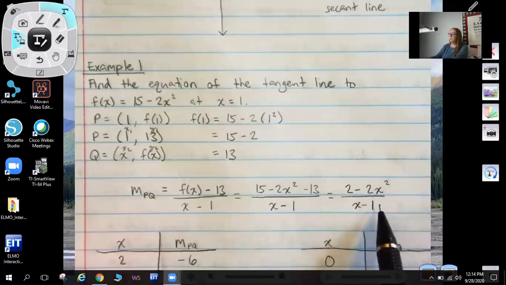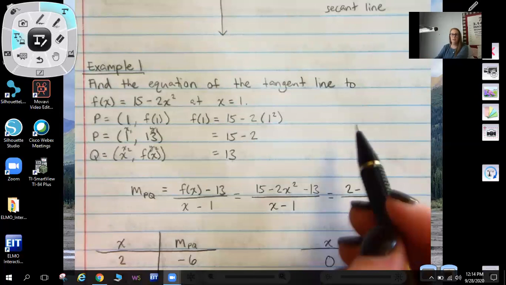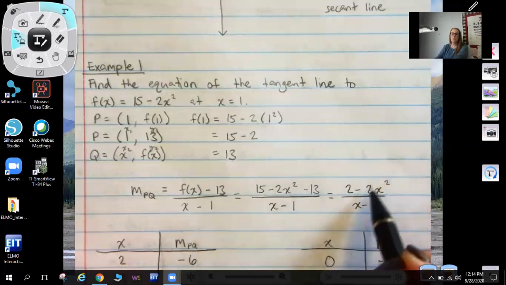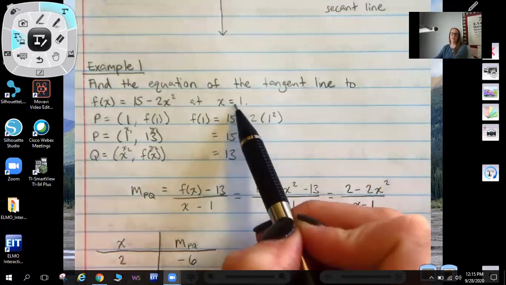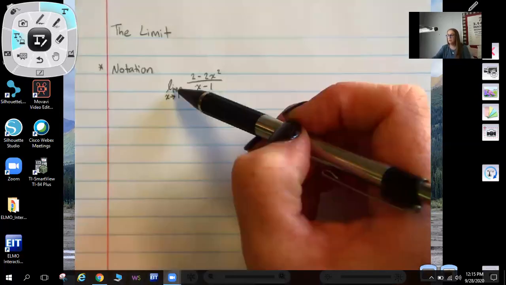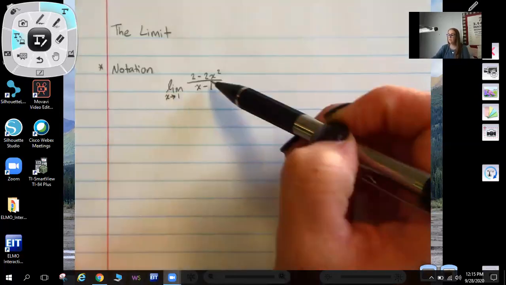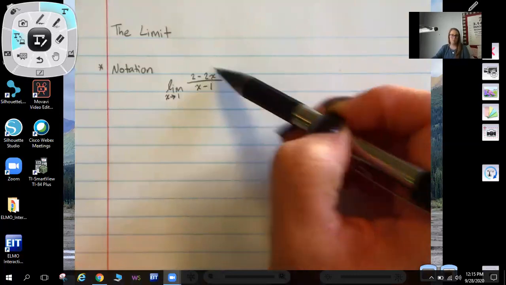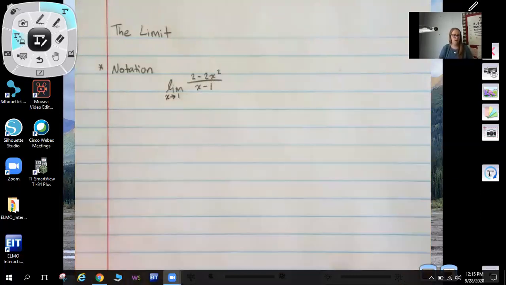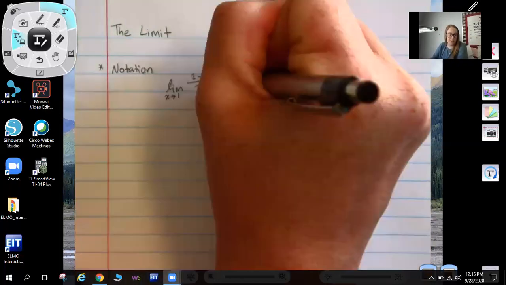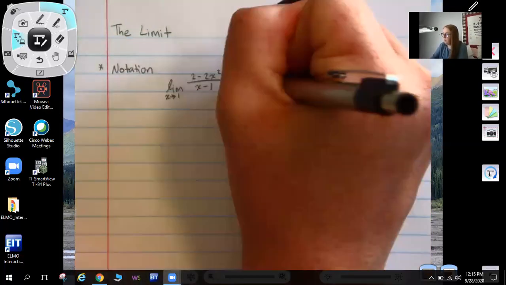So all this notation for the limit has done is taken this part from this problem, and this x equals 1 that we were given, and turned it into this notation: the limit as x approaches 1 of this equation. And what we found that to be was -4.